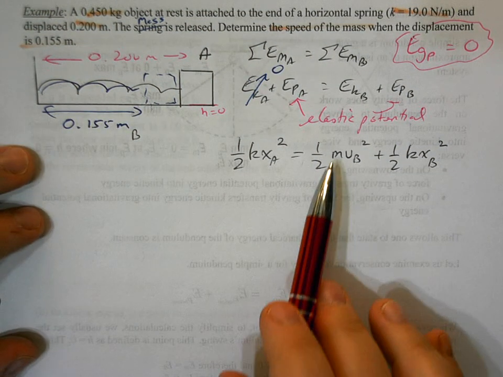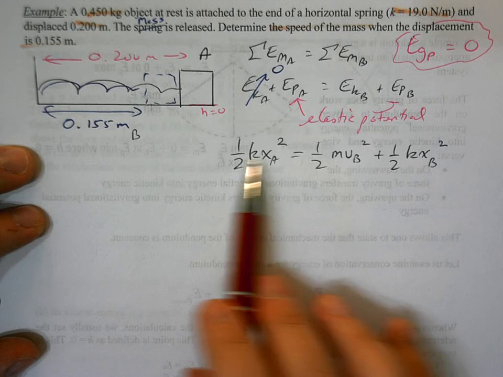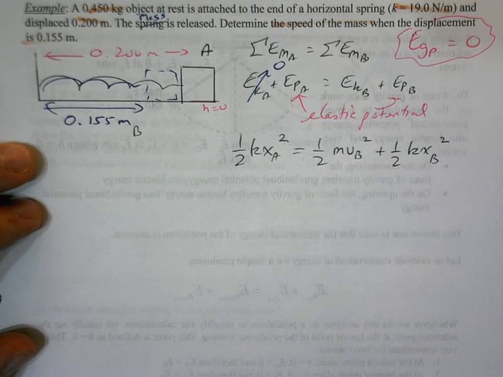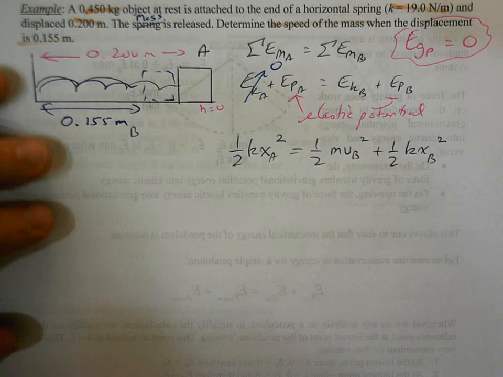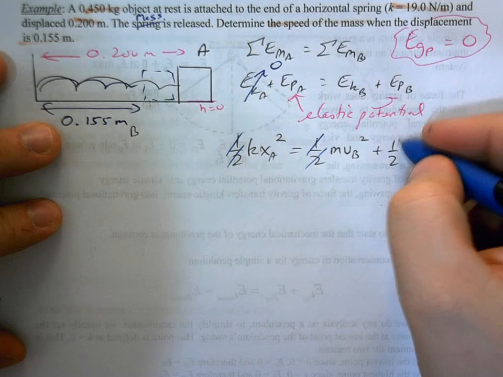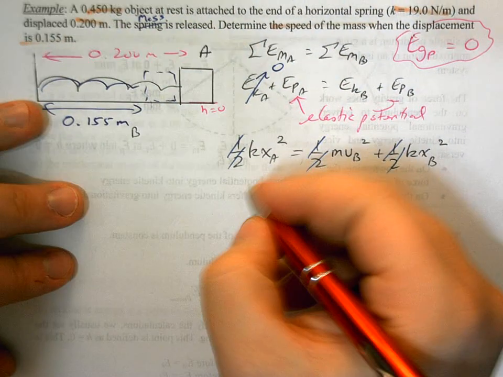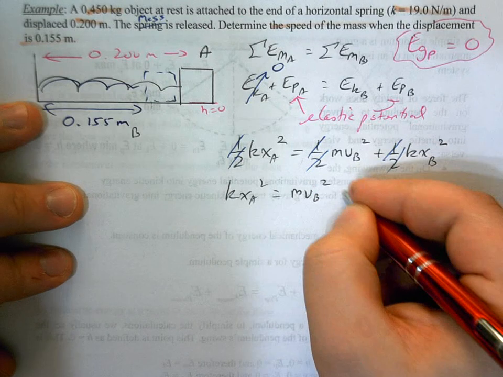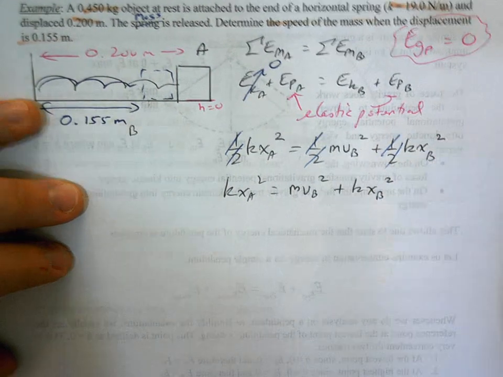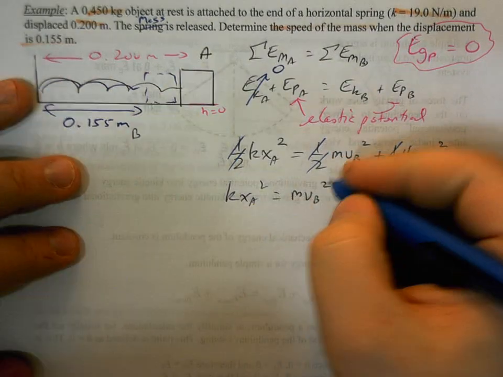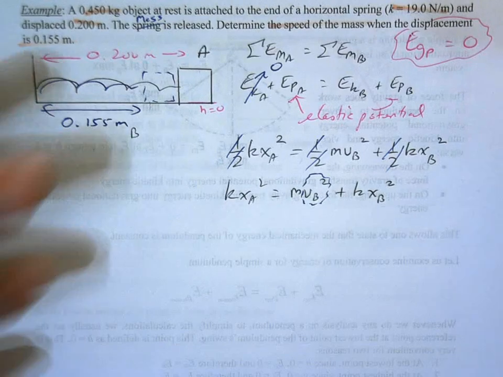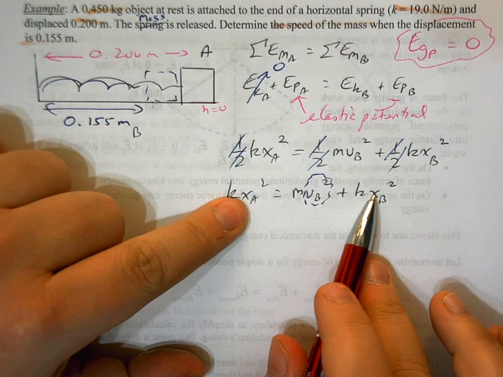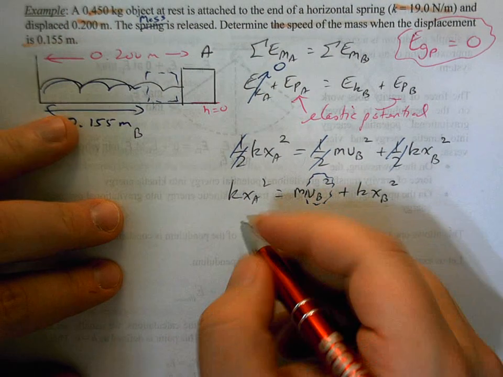Now, we can't get rid of mass, nor can we get rid of k, because we don't have a mass in every term and we don't have a k in every term. But we do have a half in every term, so we can get rid of all the halves. So I have k x_A squared equals m v_B squared plus k x_B squared. My interest in this problem is to find the speed. So before we get to that, let's bring this k x_B squared to the other side.